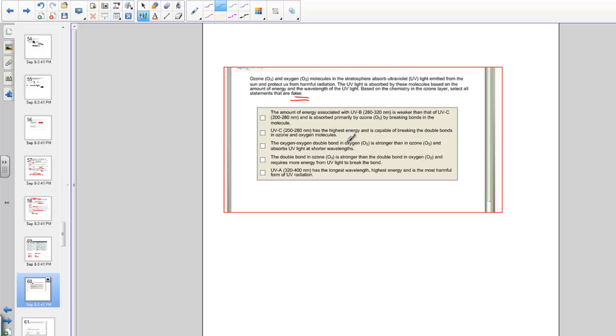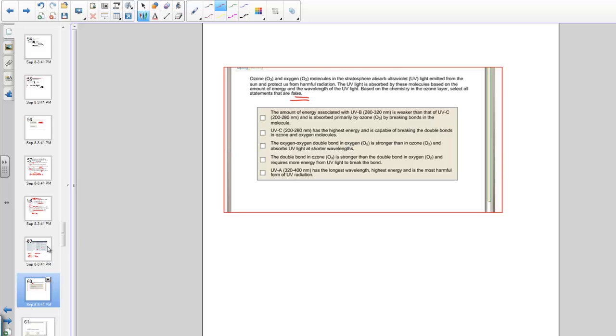The oxygen-oxygen double bond is stronger in ozone and absorbs UV light in shorter wavelengths. The oxygen-oxygen double bond in O2 is stronger than in ozone and absorbs UV light in shorter wavelengths.